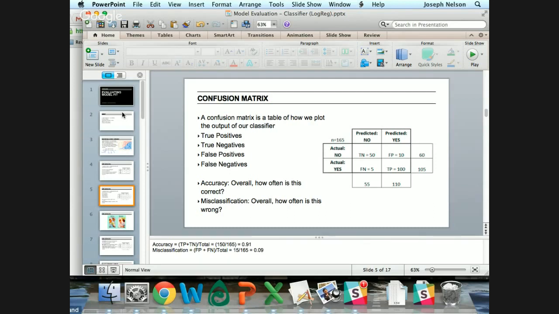Yeah, so how often our model was true and accurate in its prediction. So true positives and true negatives. The model said no, and they correctly did not. So true positives and true negatives summed, divided by the total number of observations.